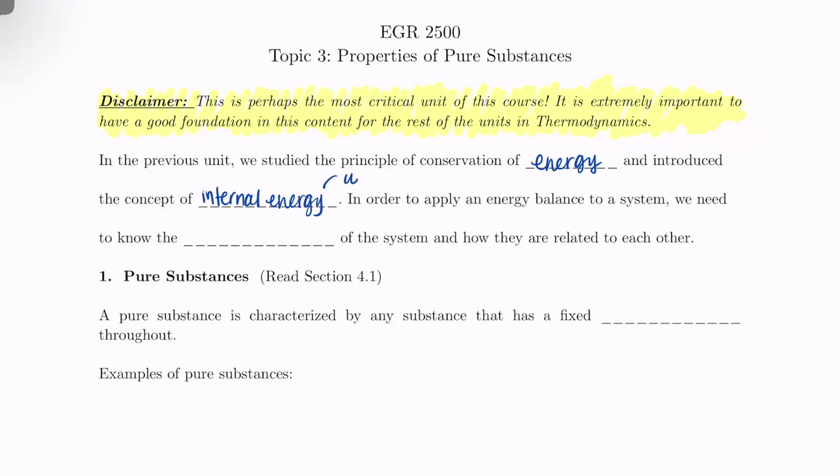And in order to apply conservation of energy to a system, we need to know the properties of the system and how they're related to each other. We stated that we needed to know that in the last unit, but we didn't really talk about how we might go about finding what those properties actually are in an actual engineering system. So that's what this topic is going to be about. How do we find the properties of our material at different states?